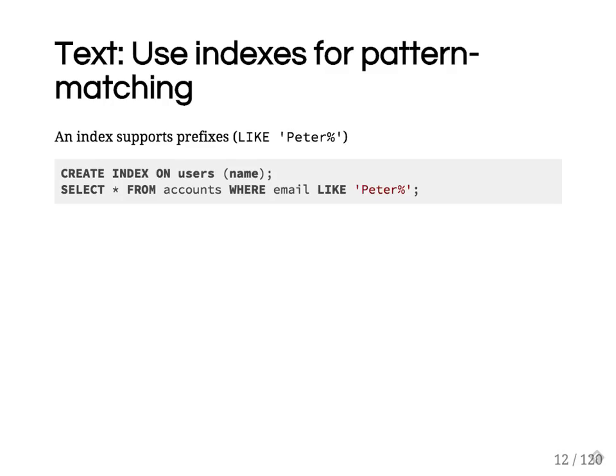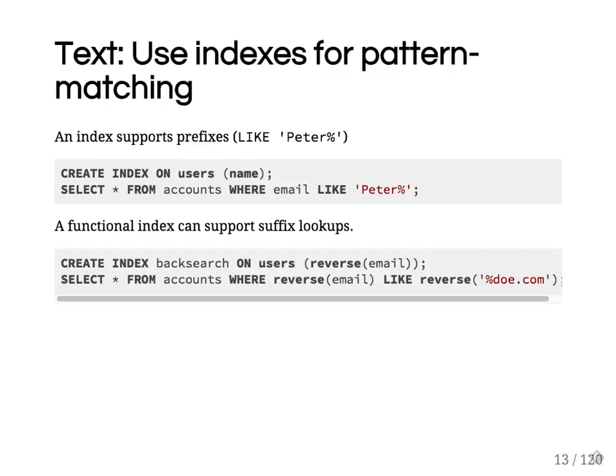When you're working with text, if you have an index and you do a LIKE query that has a suffix, the B-tree index will support that. If you have an inverted index, then you can do suffix matching. Now, this is really useful for people who have email addresses in their database, aka people who build web applications.